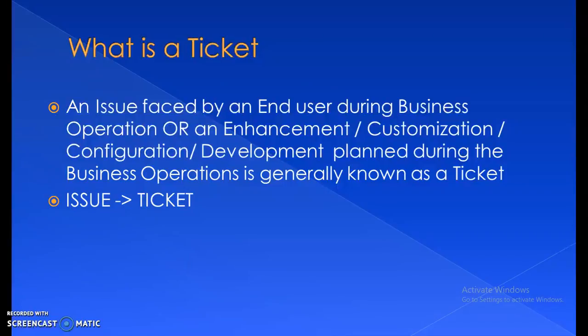Now there are two things: one is a planned development which is happening during the maintenance, which is initiated first, and it has been planned and executed, or a sudden issue is also a ticket. So mostly we can generalize it as: issue is a ticket. Any issue faced by end users is a ticket.